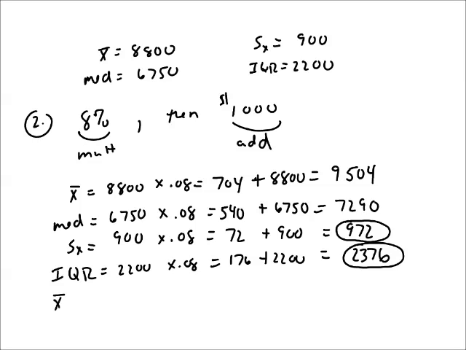But now I'm going to add $1,000, so I'm going to change mean and median. I have 9,504 plus 1,000, so 10,504.